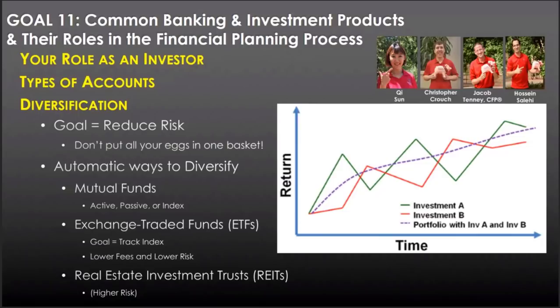And there are some automatic ways we can use to diversify. The first is the mutual fund. The mutual fund has basically 2 types, the actively managed and the passively managed. When the mutual fund is actively managed, the manager is chasing returns higher than the market return.